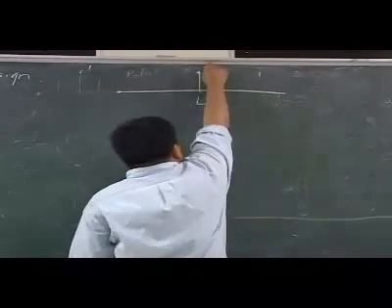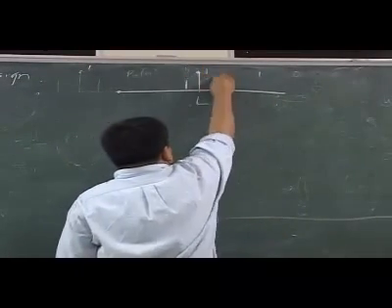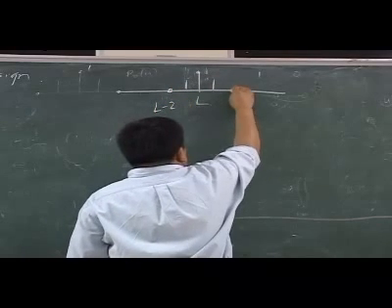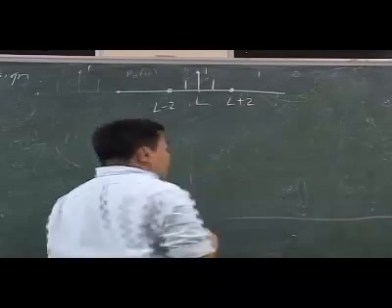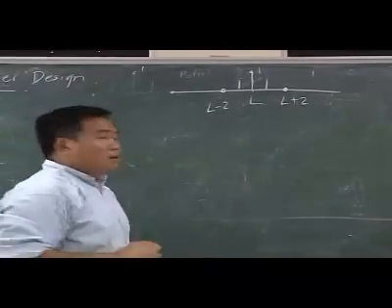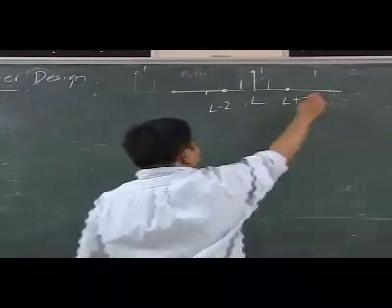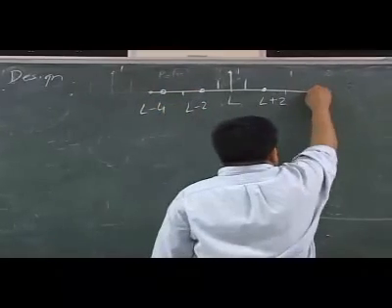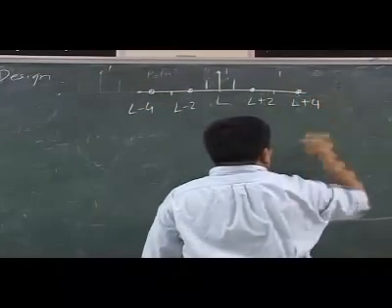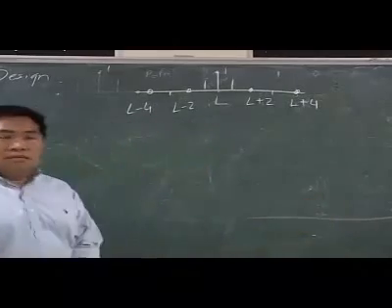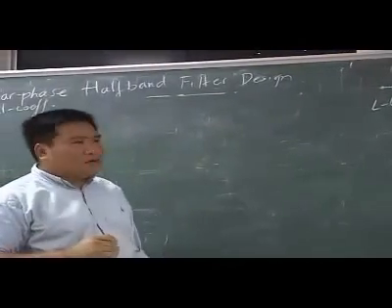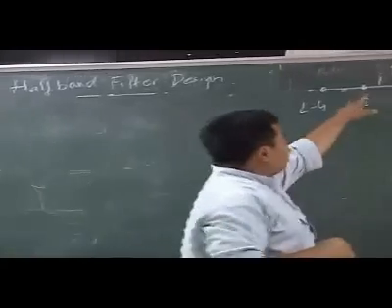At L it is 1, and I don't really care what this is, but at L minus 2 and L plus 2, the value is exactly 0. The next point, I don't care what this is, and then at L minus 4, L plus 4, and so on. That's one way to do it. But that's hard to do, right? I have to figure out how to choose these coefficients.